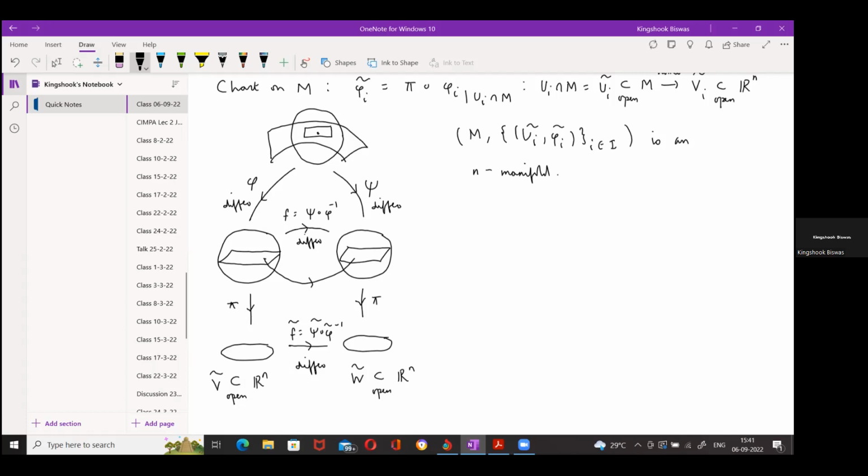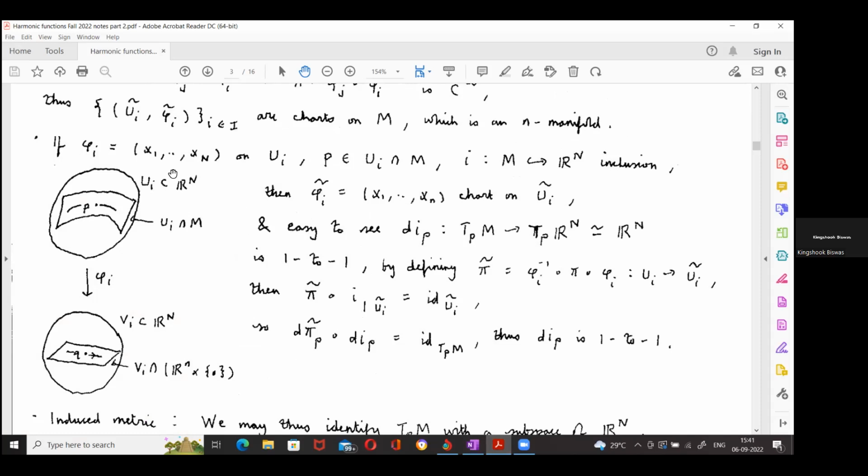So how do I do that? Well, like this. So let me take phi I. This is my diffeomorphism from R capital N to R capital N. So this has coordinates x1 to x capital N on ui, say. So let me take a point P in here in this ui intersect N, all right?